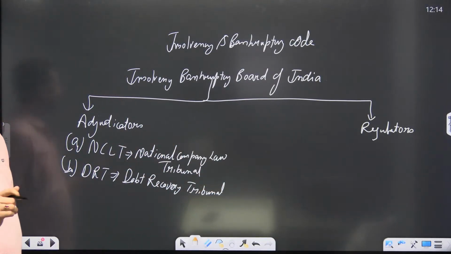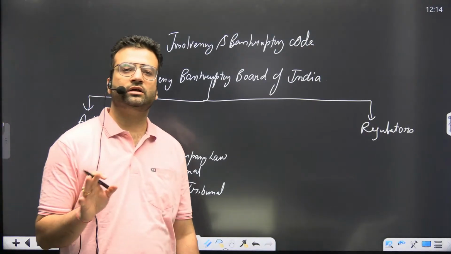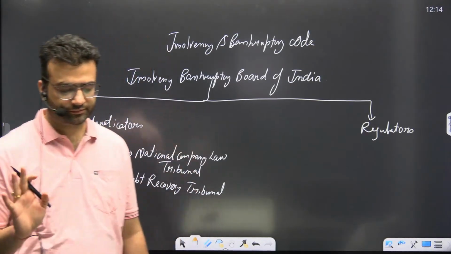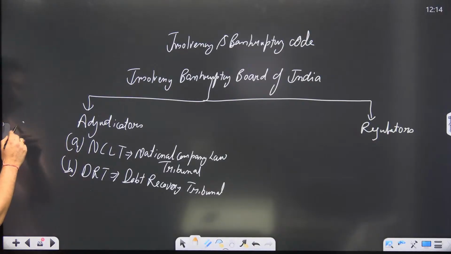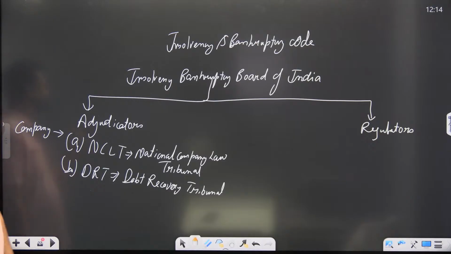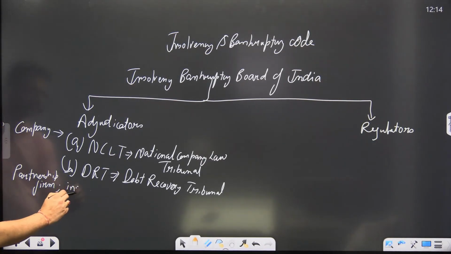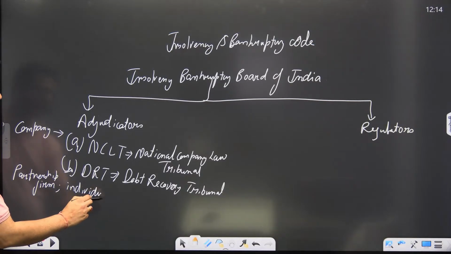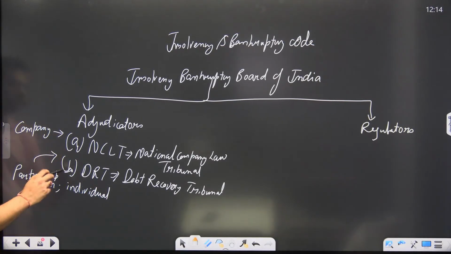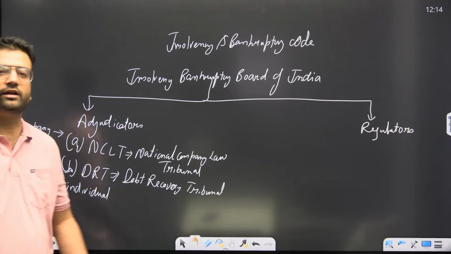If the matter is with regards to a company, and the company is unable to pay the debt, the matter will go to NCLT. Apart from company, like partnership firms and individuals, if they are the matters, then the thing will go to DRT, Debt Recovery Tribunal.